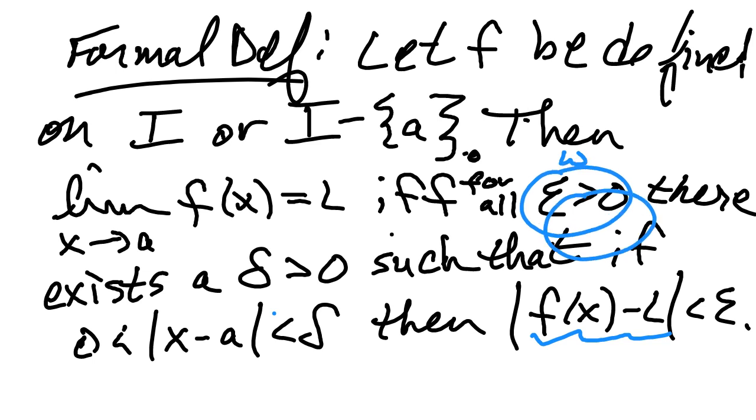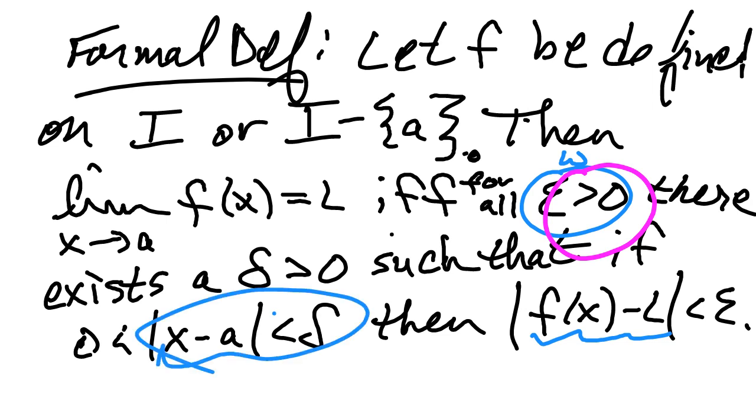It's a window about L. And then this is a window about your x equals a. I'm going to erase this because it's messing up on me.